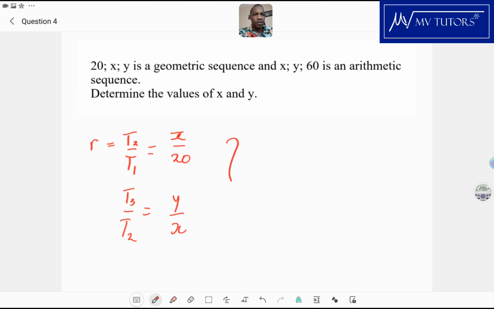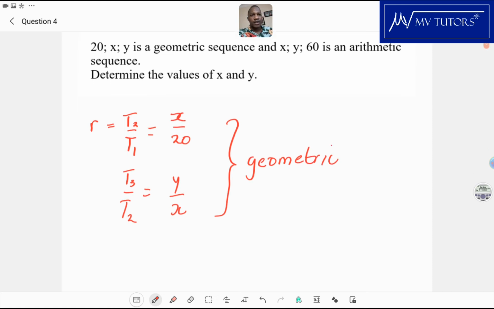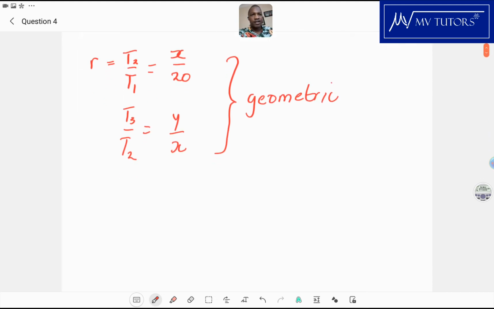Because these are geometric, they should give us the same answer. So we're just going to combine them and say x over 20 is equal to y over x.